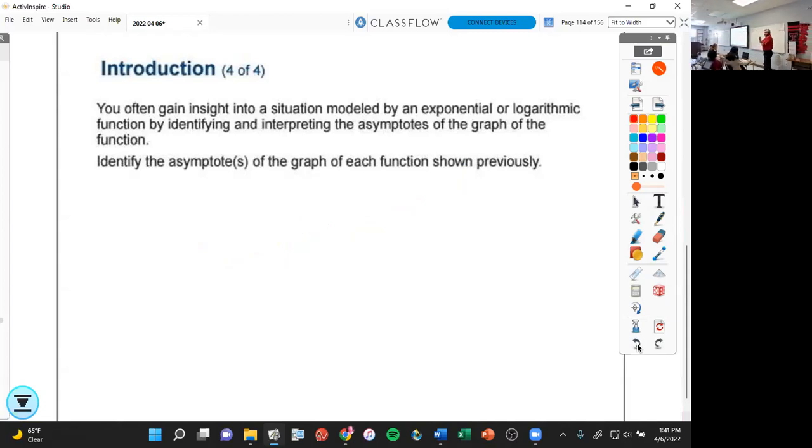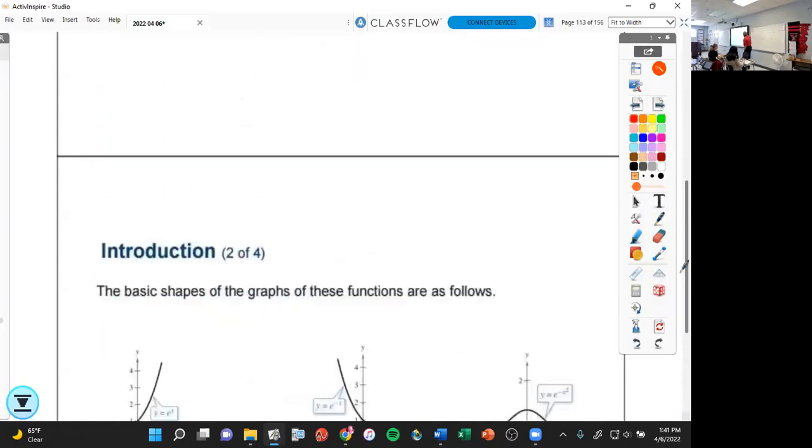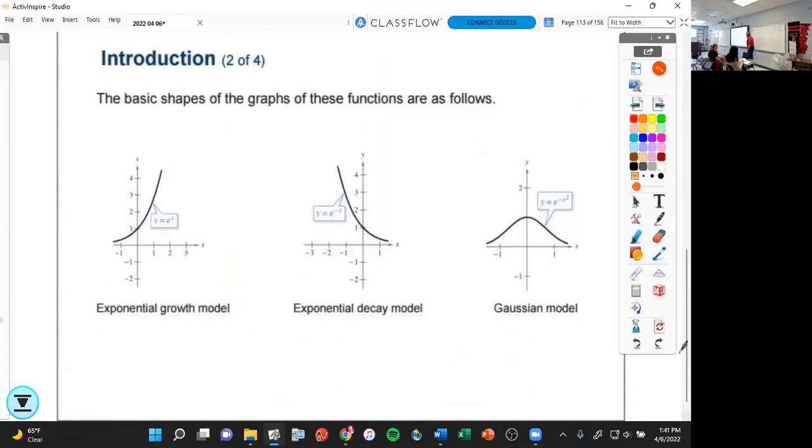Okay, so it says to identify the asymptote of the graphs of each of the previous functions. Okay, so we're going to look at the graphs again, and let's talk about asymptotes. The first one, exponential growth model. Does exponential growth model have an asymptote? Where?